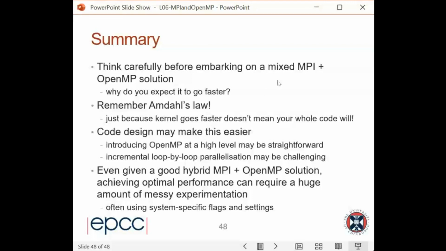As I said, even getting a good hybrid MPI+OpenMP solution, there's quite a lot of messy experimentation, with system-specific flags and settings. This is making sure that the threads and the processes are scheduled correctly, which is done differently on different systems. So the example I used with Slurm worked on ARCHER2, but wouldn't be guaranteed to work on another system. So that's a sort of buyer beware.